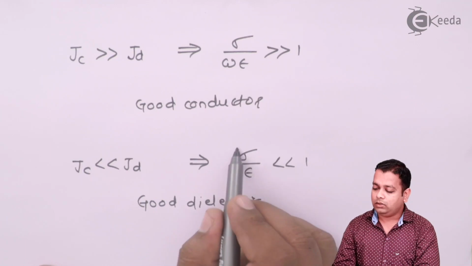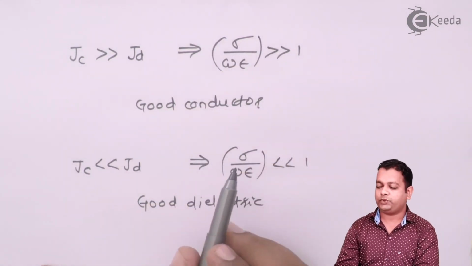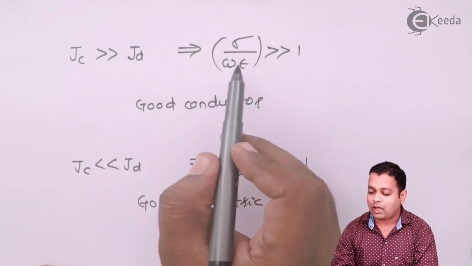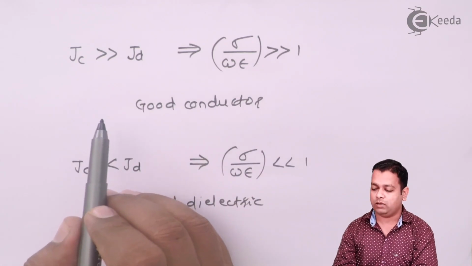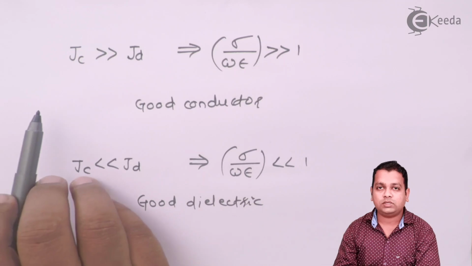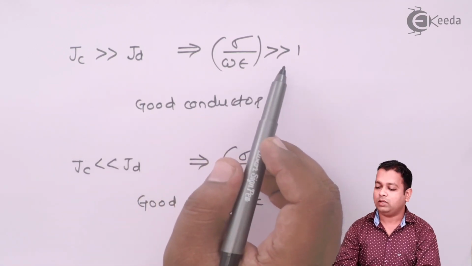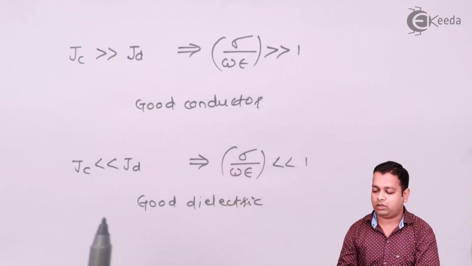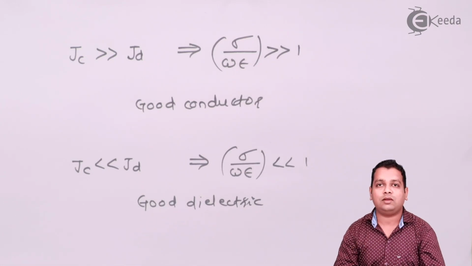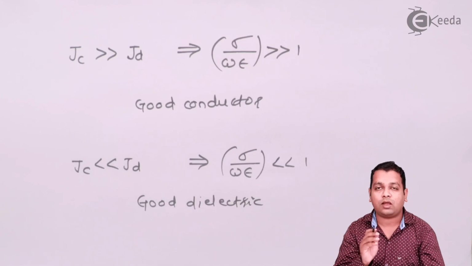So with the ratio sigma upon omega epsilon, where sigma is conductivity, omega is angular frequency of the wave, and epsilon is permittivity of the medium, we can get the information whether it is of conductive nature or dielectric nature. If it has a value very much higher than 1, we say it is a good conductive material. If it has a value very much less than 1, it will be a good dielectric medium. If it is equal to 0, we say that it is a perfect dielectric.